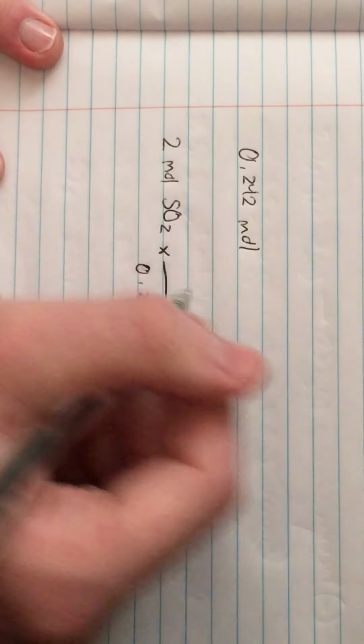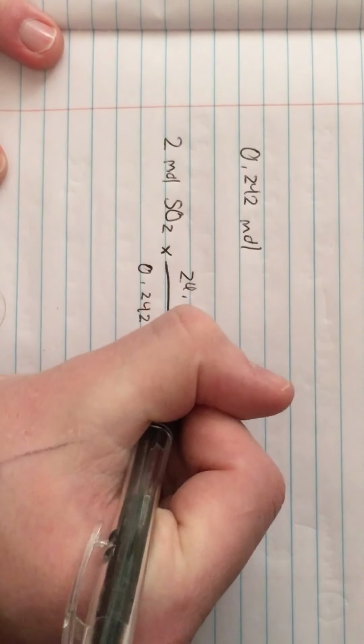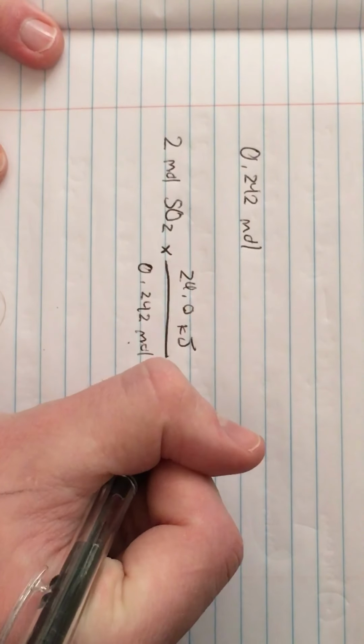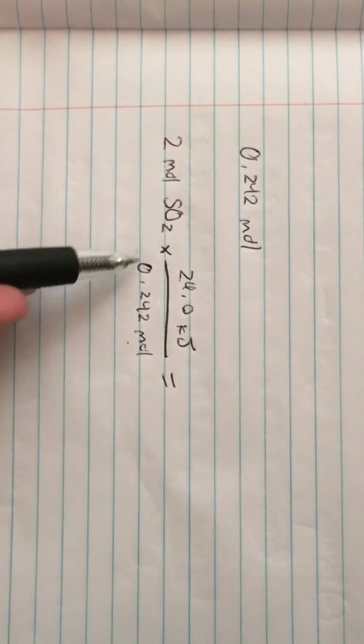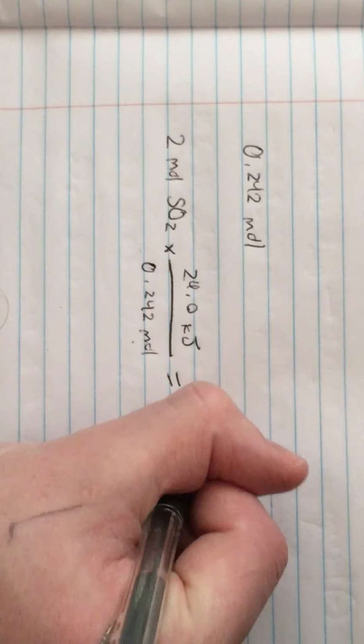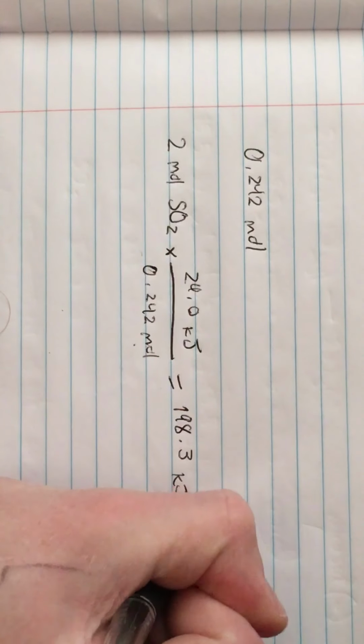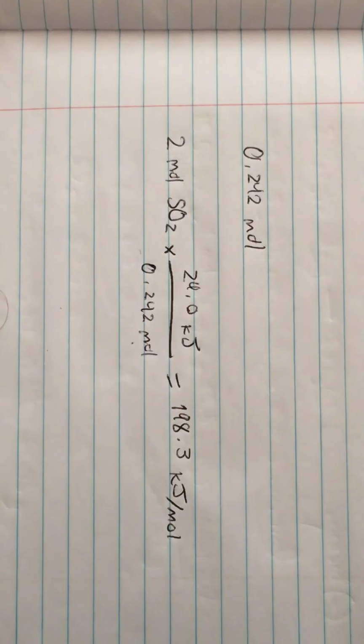So 2 moles times 24.0 kilojoules divided by 0.242 moles is equal to, after you do the multiplication and the division, 198.3 kilojoules per mole, which is what the question is asking for, kilojoules per mole.